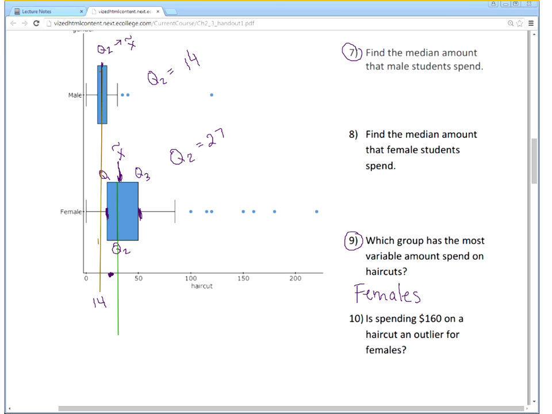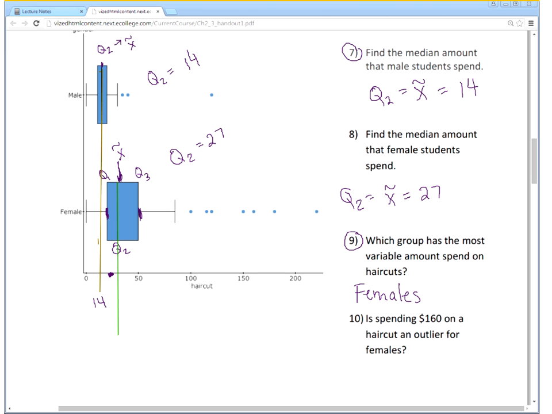So what we see here is that females have a larger median than the males, and that's how I present it. It says find the median amount that male students spend. So that's your second quartile, which is also your median. That's $14. And then for females, that's $27. So females have the larger median.